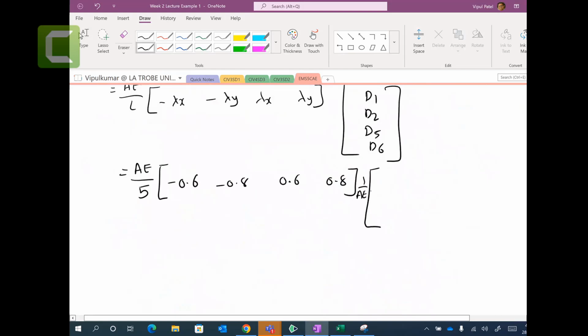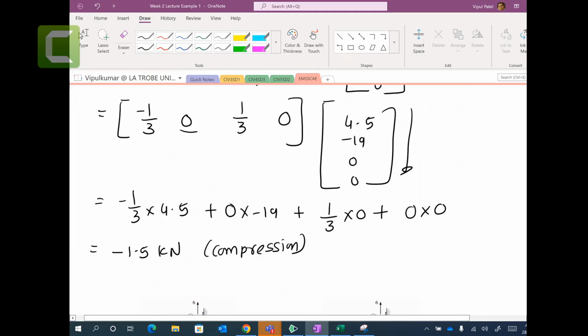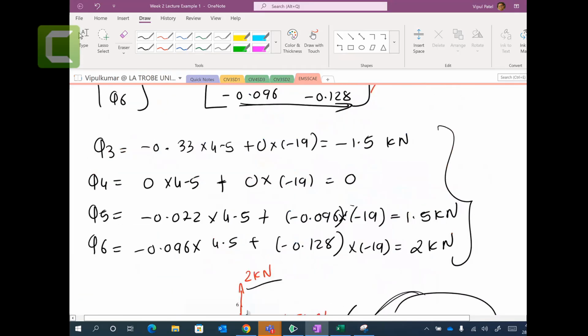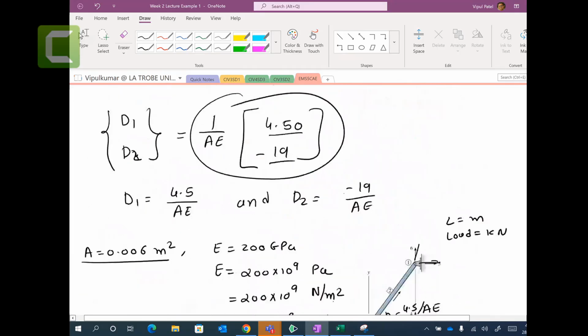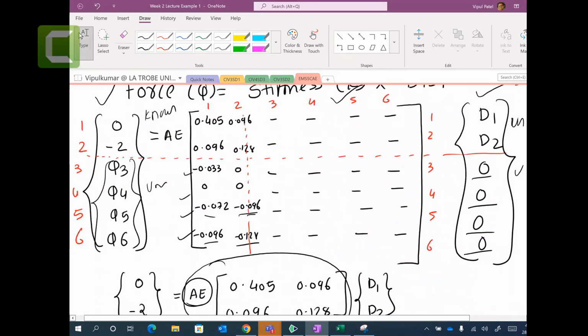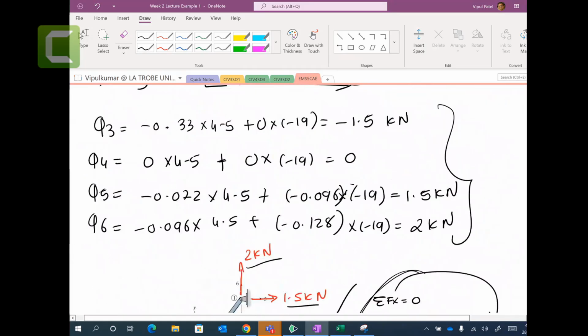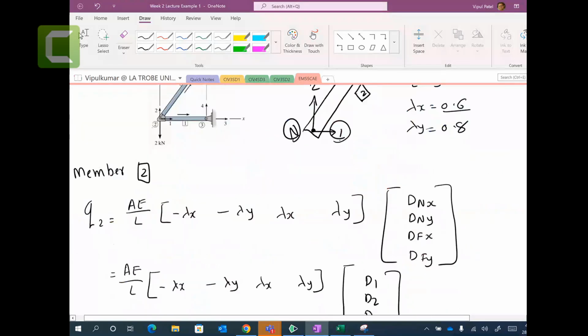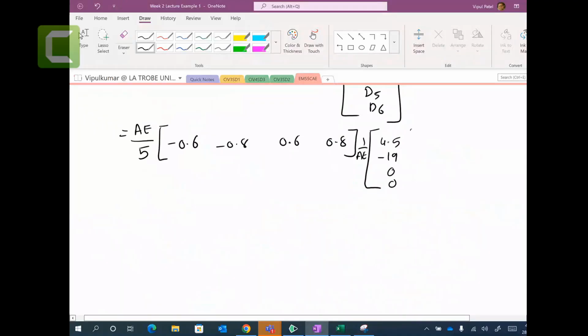1 over AE, 4.5, minus 19. D5, D6. If you remember, D5 is 0 and D6 is 0 because it's at support. So let me put that 0, 0.